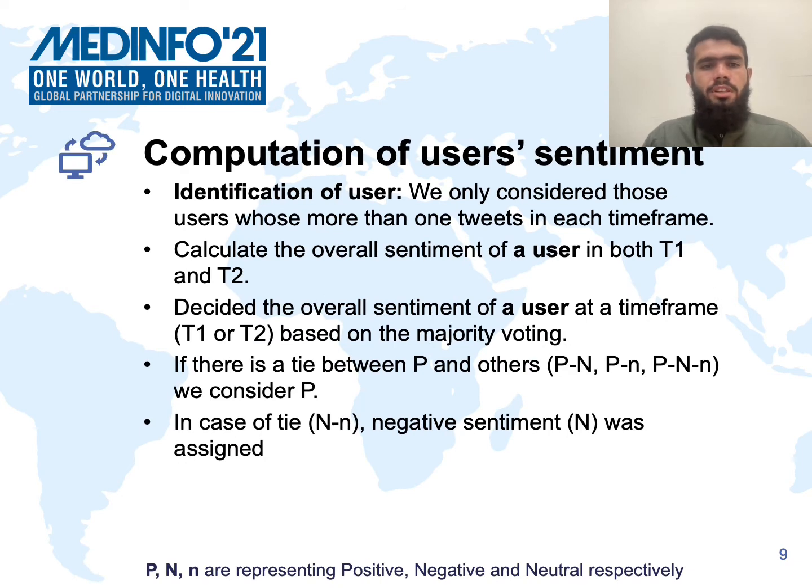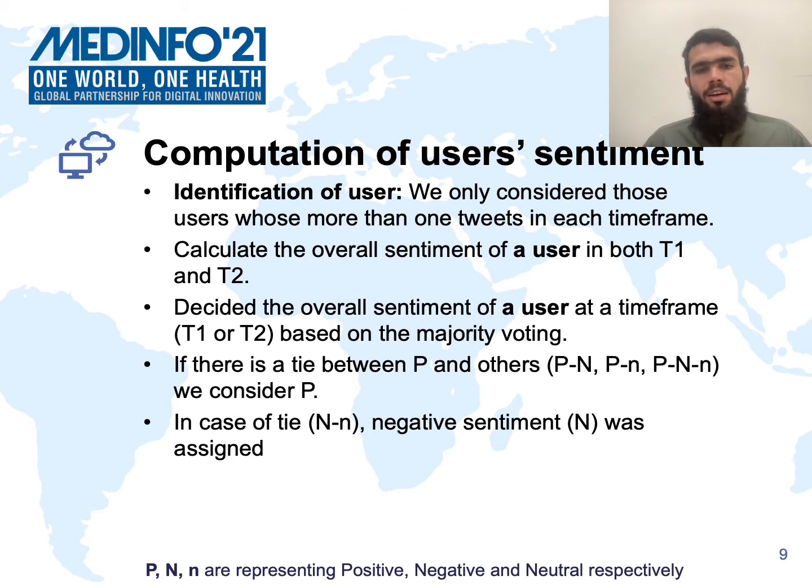Computation of user sentiments. First, we consider only those users who have more than one tweet in each time frame, and remove all other users. To calculate the overall sentiment of a user in both T1 and T2, we decide the overall sentiment of a user in time period T1 and T2 based on the majority of votes.